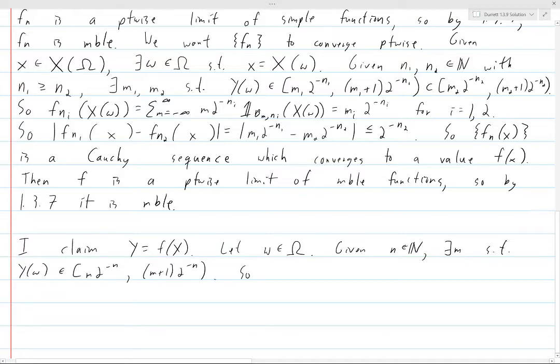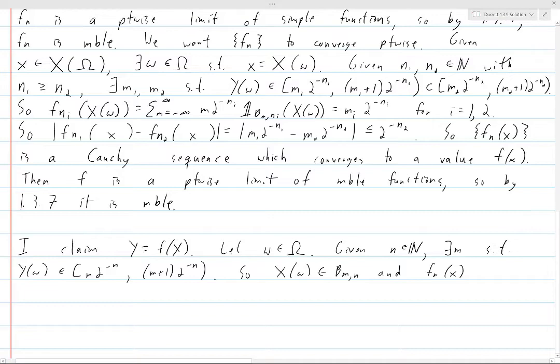So X of omega is in B_mn, and fn of X is going to be equal to m times 2 to the minus n.